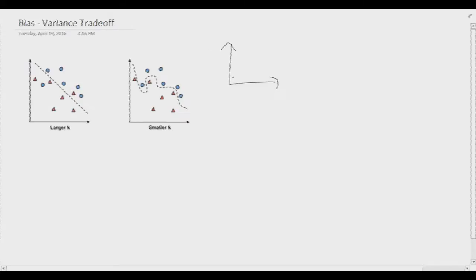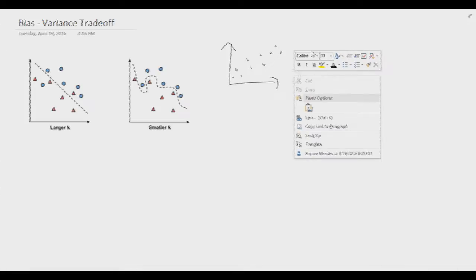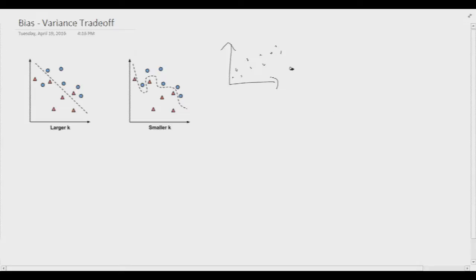So say you have a set of data like this. It seems pretty linear, but say then you have one data point that goes down here. If your model perfectly fits this data point and doesn't consider it noise or an outlier, it won't be able to predict the test set later on.